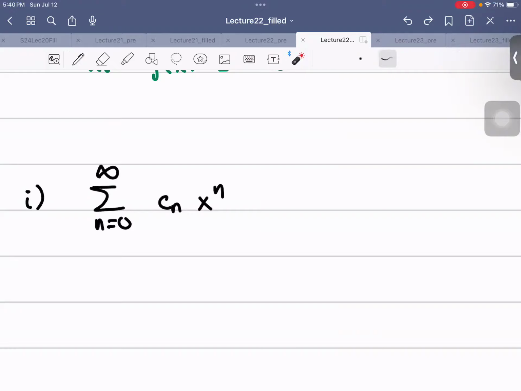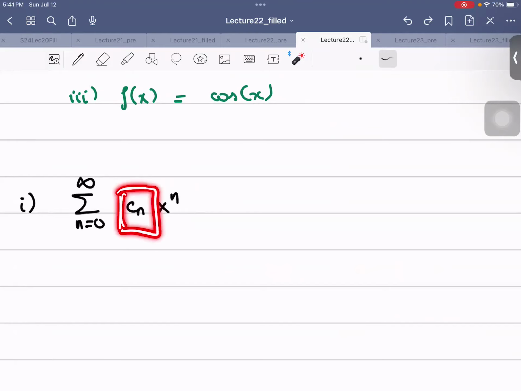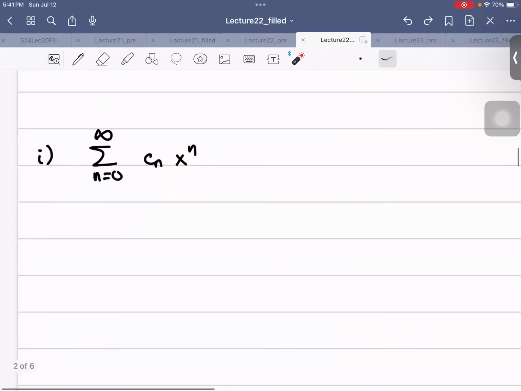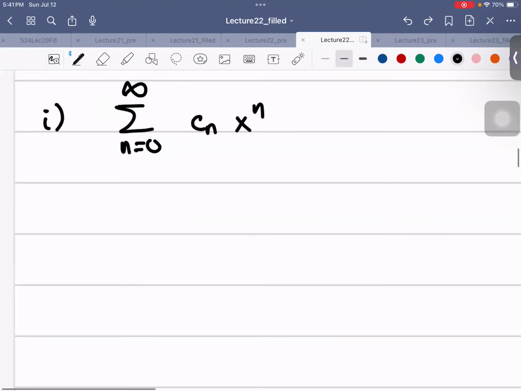The thing is you need to figure out Cn. You need to figure out C0, C1, C2, C3, C4, and so on. You need to find the general formulation for Cn. So over here, we don't have a lot of ways to do it.